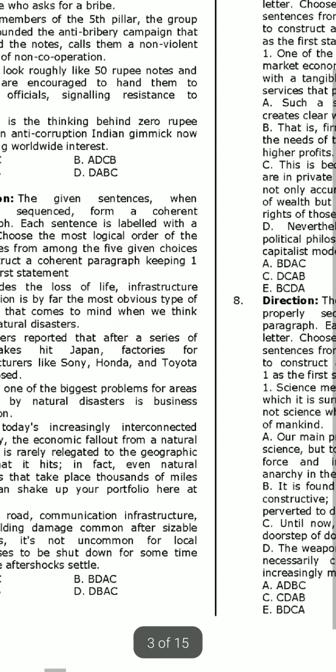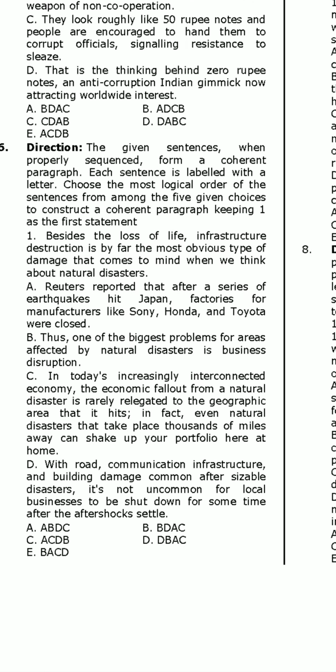Question number 6, if you see here. So we have A, B, C, D. First there is one sentence given: besides the loss of life, infrastructure destruction is by far the most obvious type of damage that comes to mind when we think about natural disasters.